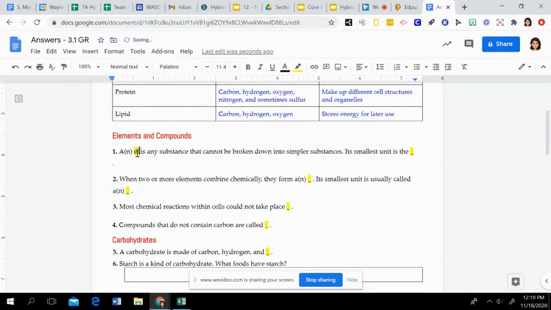As we move down to the next section, talking about elements and compounds, question 1 is: an element is any substance that cannot be broken down into simpler substances, and then its smallest unit is the atom. Question 2, when two or more elements combine chemically, they form a compound, and then its smallest unit is usually called a molecule.